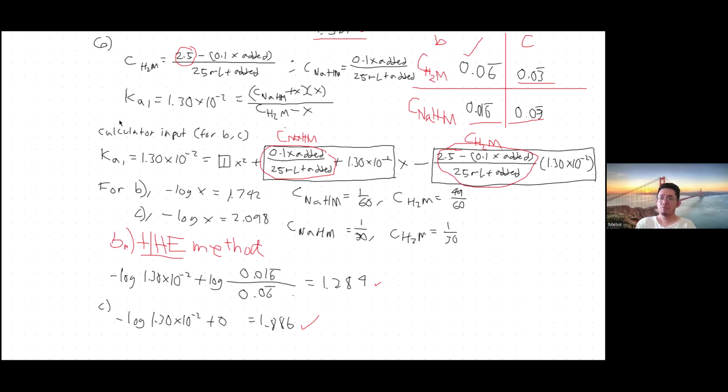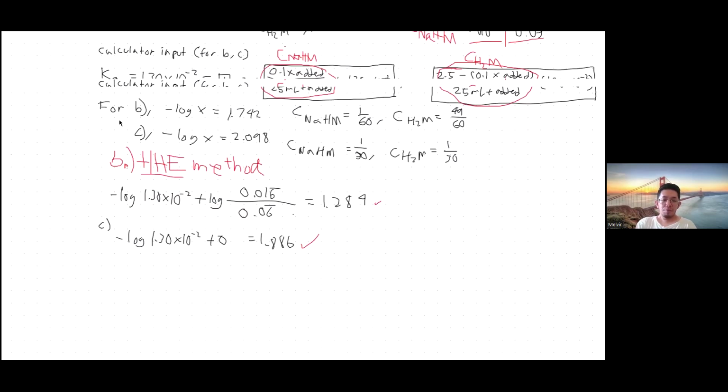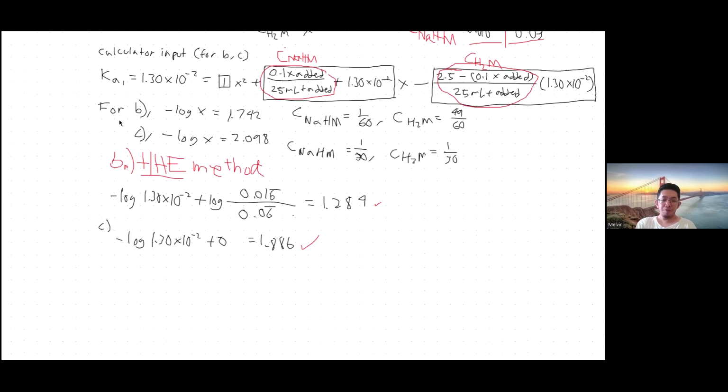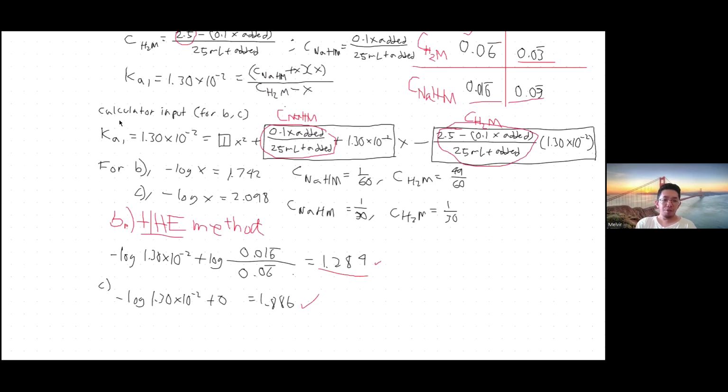Parang very different 'yan, no? Very different sila. Actually ito yung sagot, yang 1.742 tsaka 2.098. So correct 'to, or 2.1 and 1.8. Correct yang dalawang 'yan.